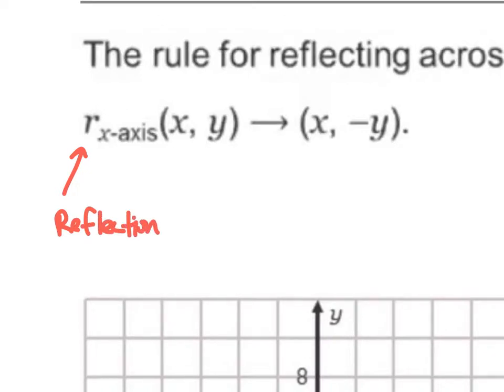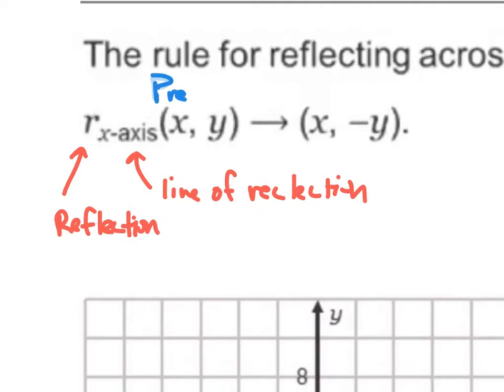So if I have a reflection across the x-axis, this is your line of reflection. Anytime I take any point x, y, in order to find the new point, here's my pre-image, my original, to my image, you take any point x, y and keep the x value, but make the y value opposite.